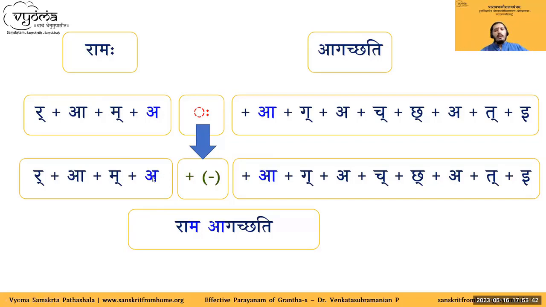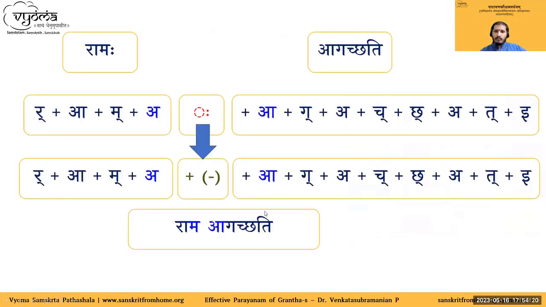Now you may get another doubt here. In the final form we have Rama agacchati, visarga is not there. The Puravarna is a, the Paravarna is a. There is a possibility of doing Savarna Dirgha Sandhi here. So can we do Savarna Dirgha Sandhi here and say Ramagacchati? The answer is no. You can't do Savarna Dirgha Sandhi after Visarga Lopa.